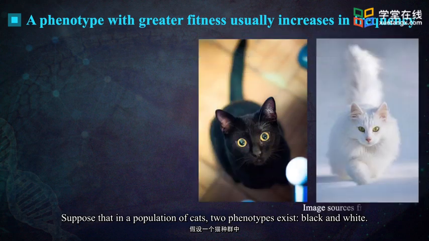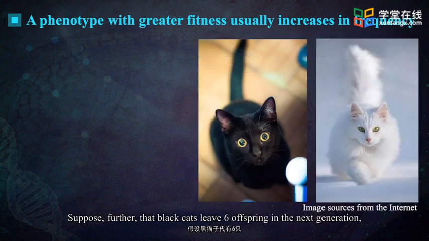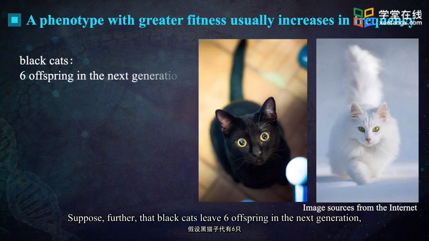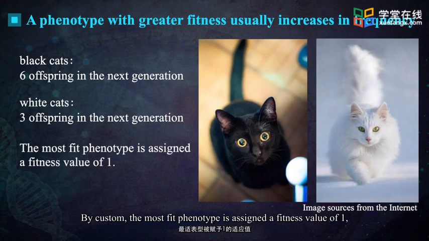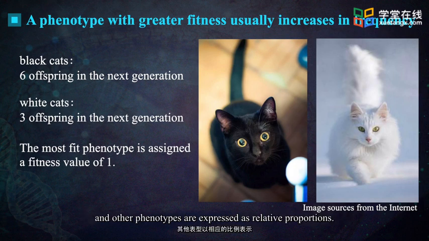Suppose that in a population of cats, 2 phenotypes exist, black and white. Suppose further, black cats leave 6 offspring in the next generation, but white cats leave only 3. By custom, the most fit phenotype is assigned a fitness value of 1, and other phenotypes are expressed as relative proportions.